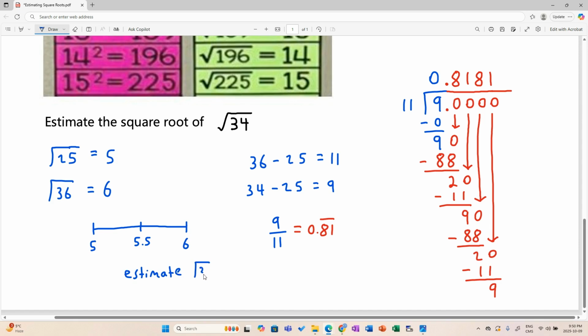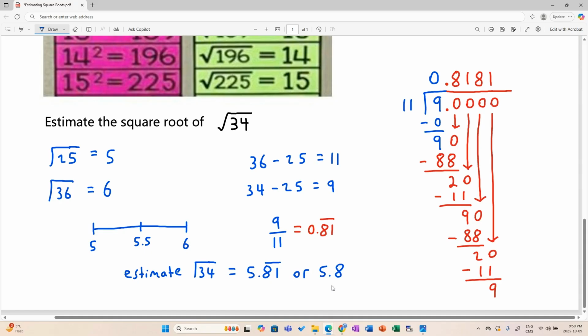Okay, great. So that means my estimate for the square root of 34 will be equal to 5.8, or you can go 5.81 repeating, however you want to say it, because I got 0.81 here. Okay, I guess I can say 5.81 repeating, or I just say 5.8 if I'm going to the nearest tenths.